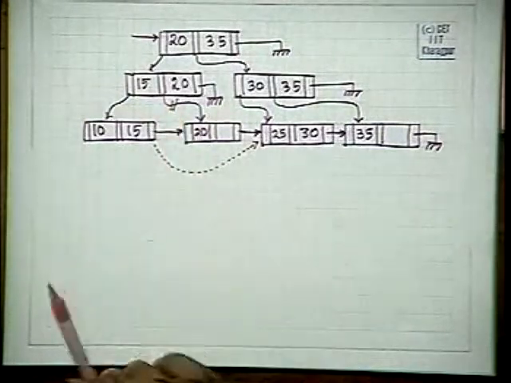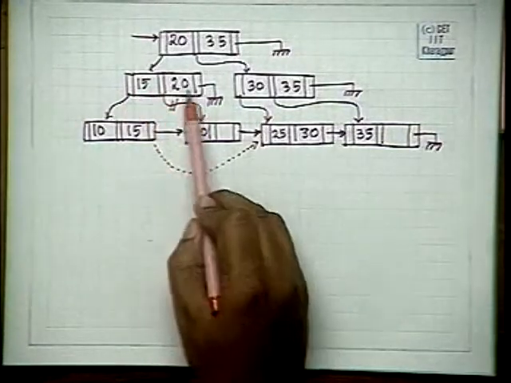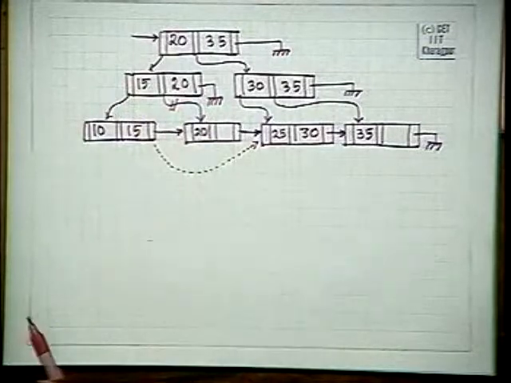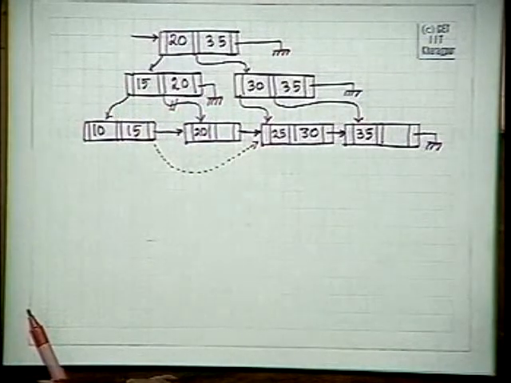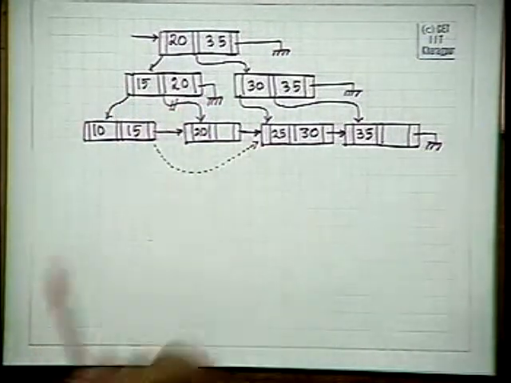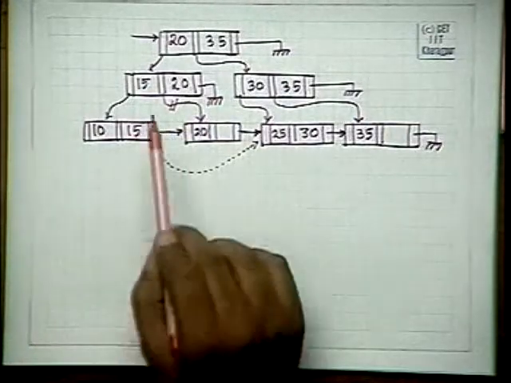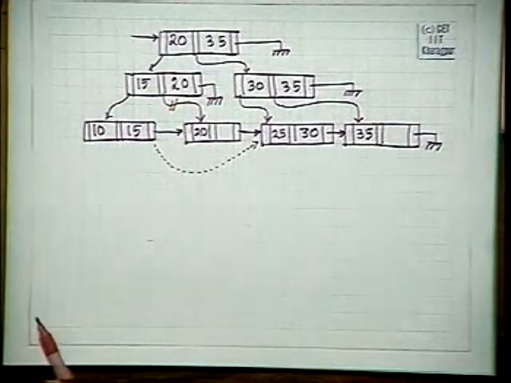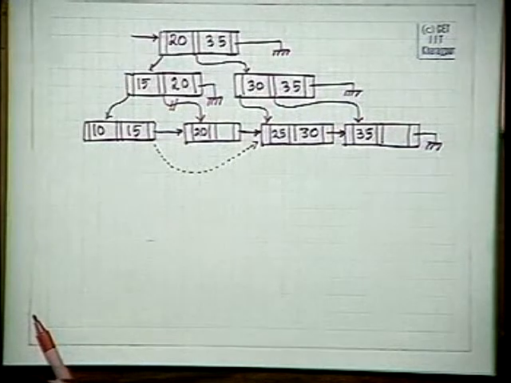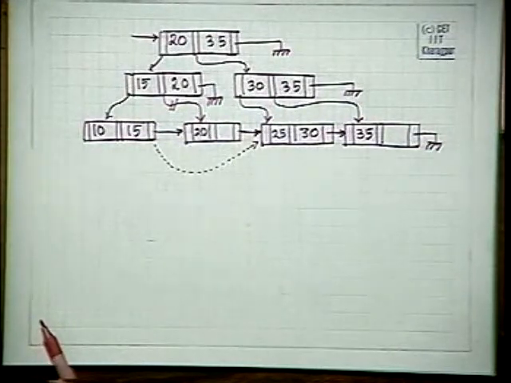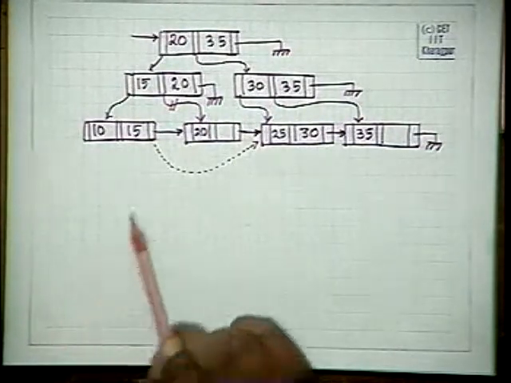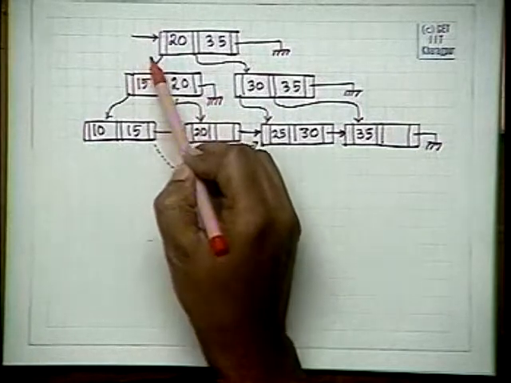When I have deleted this, I will check whether this node violates the condition of a B plus tree. It does. Then I will check whether this is root. It is not. In that situation, I will have to go and delete it from here.